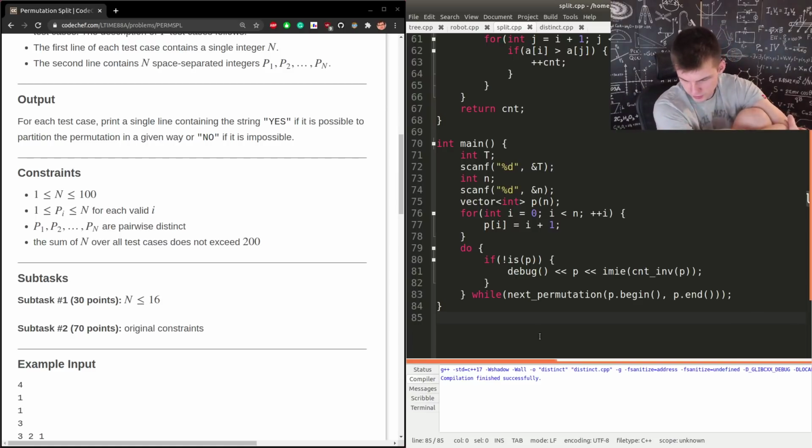If a number has a lot of inversions with other numbers, like some element has a lot of inversions with other elements, so it is like a small number at the end, and if the split is random-ish, then this number will affect the score a lot.